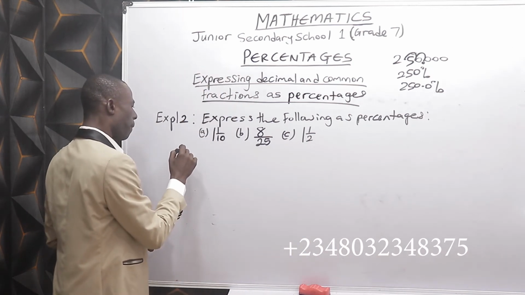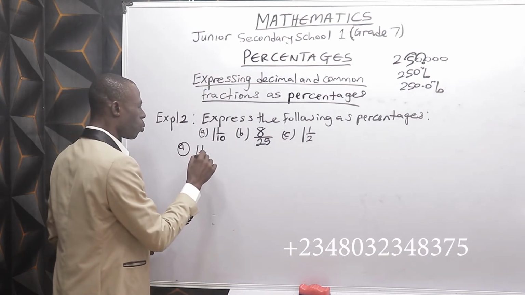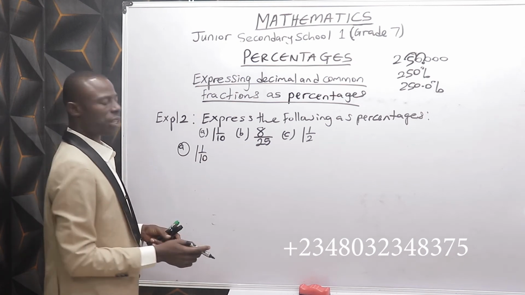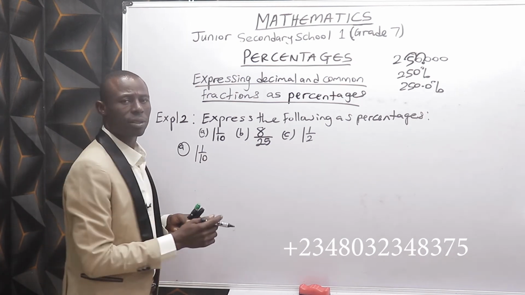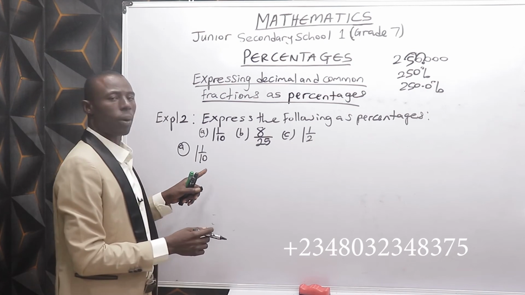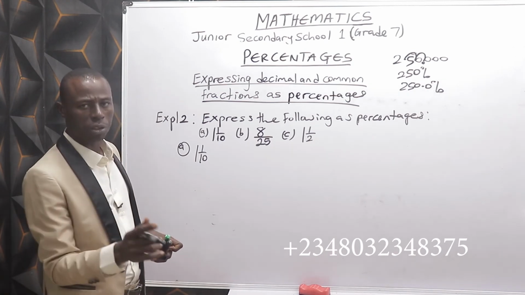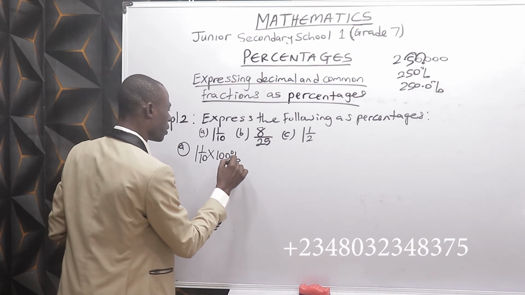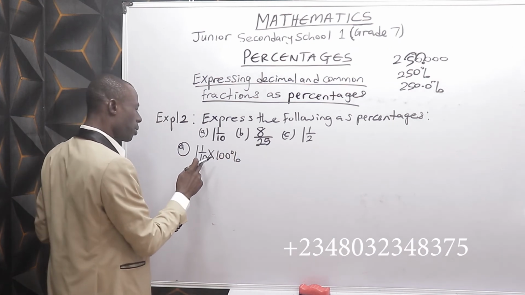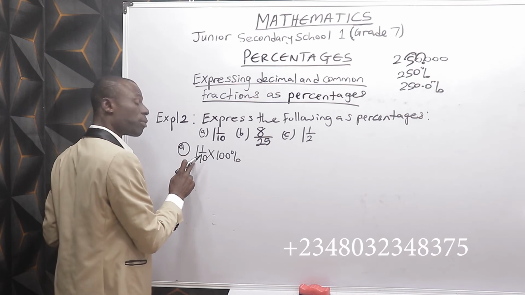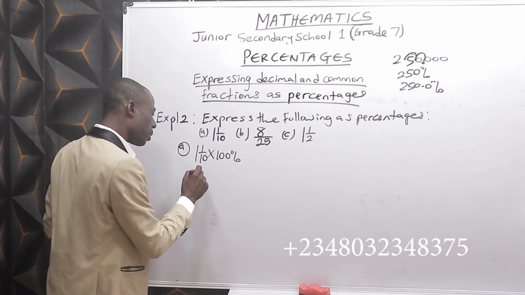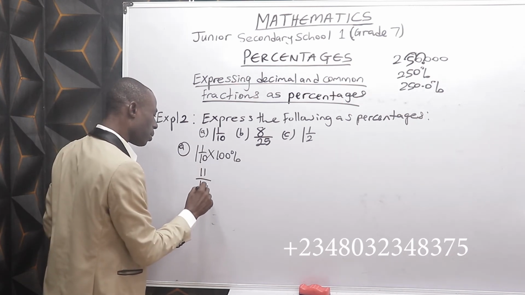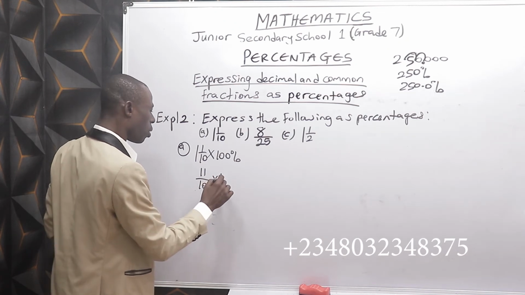Question A. 1 and 1 over 10 as a percentage is as good as multiplying the 1 and 1 over 10 by 100%. 10 times 1 is 10, plus 1, it gives 11 over 10, times 100%.